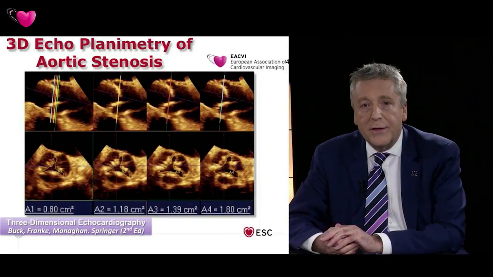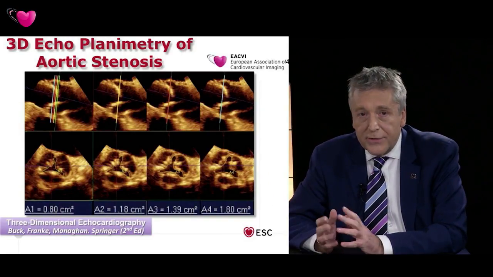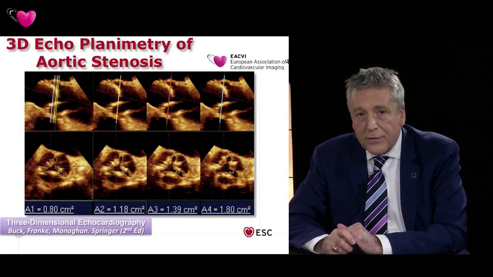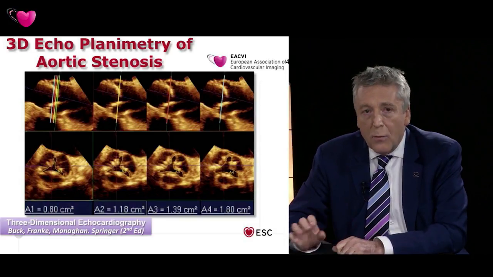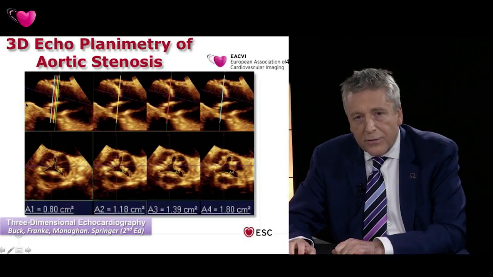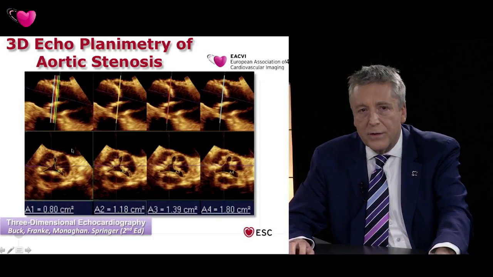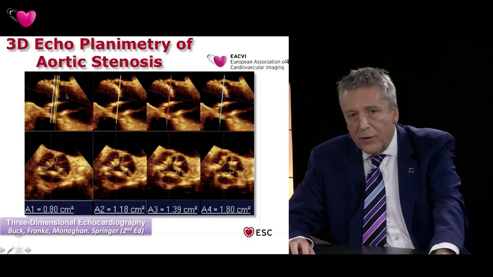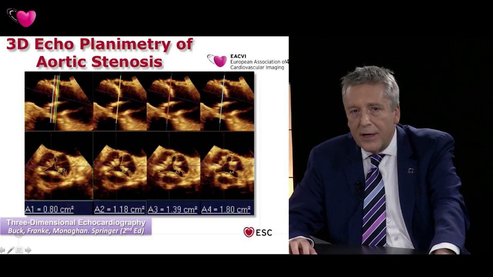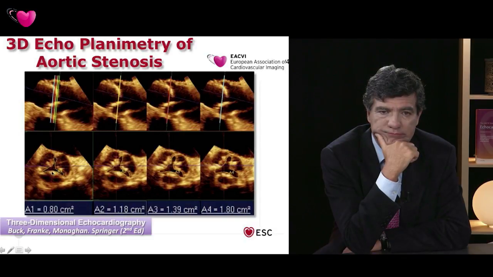Now, in terms of assessing aortic valve and mitral valve stenosis, as I'll explain in a minute, 3D is a very, very powerful tool. There are a number of different ways we can use it, but one of them is to use the fact that there are no geometric assumptions with 3D imaging, which means we can get a view across the mitral valve using multiplane reconstruction to very accurately perimeter the valve area, whether it's the aortic valve or the mitral valve.